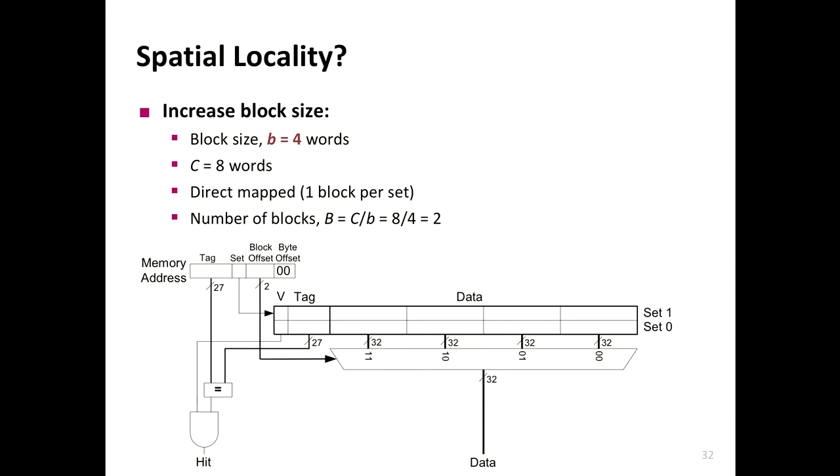So let's go back. You have this change in the cache architecture: from block size B equals 1 word, you increase it to 4, but you still keep the 8-word cache limit. And what happens to the architecture is the following. One modification you make to the memory address is that in addition to the tag, set, and byte offset, you also have a block offset, to choose which block the data belongs to.